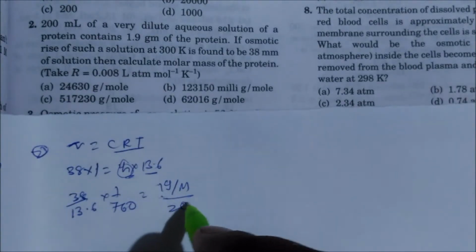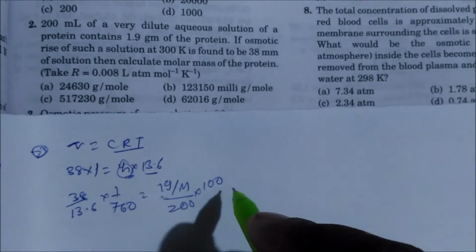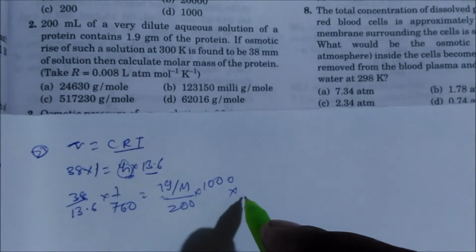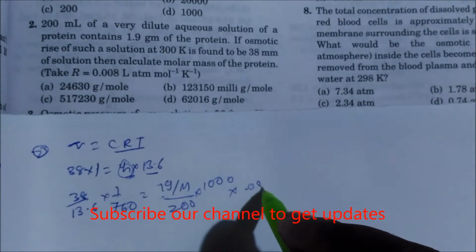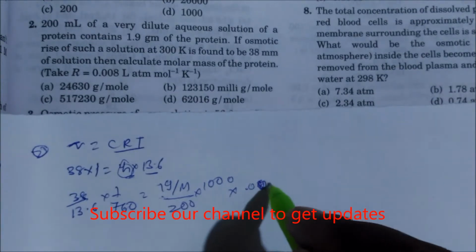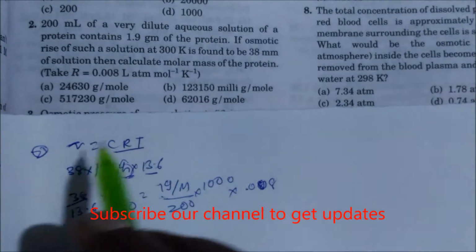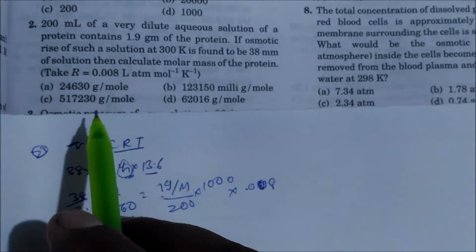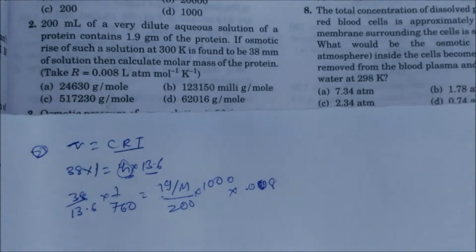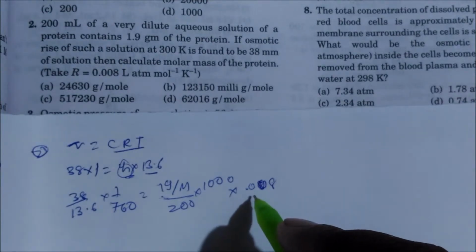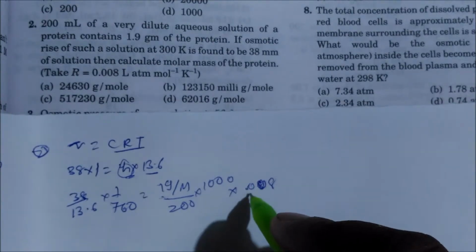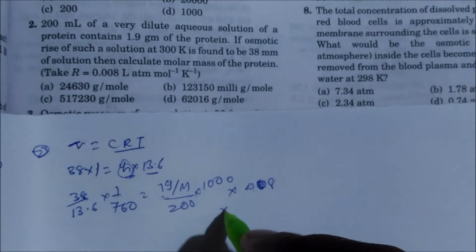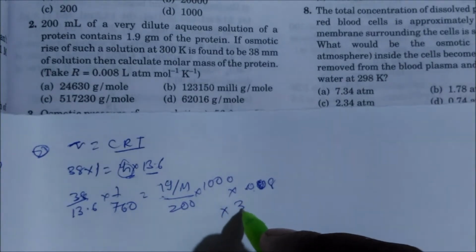So 200 ml into 1000 gives the concentration, and R is 0.0821 liter atmosphere per mole per Kelvin. Multiply by the temperature, given here as 300 Kelvin.